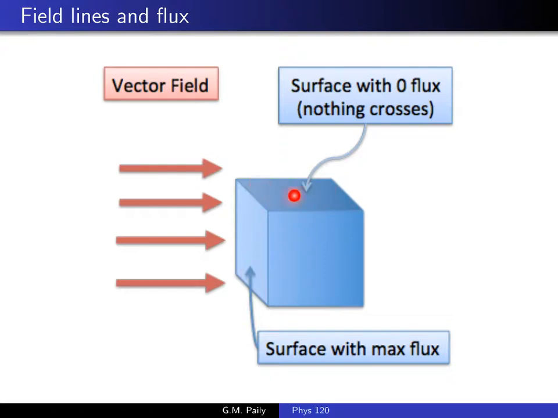But this face of the cube will only have field lines passing tangent to the face. None of the field lines will actually pierce through it. They will not go perpendicular to the surface. They will only pass tangent to the surface. Similarly, this face again has only field lines passing tangent to the surface and not perpendicular to it.